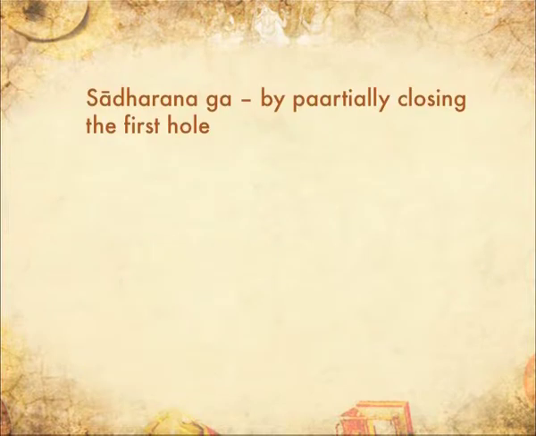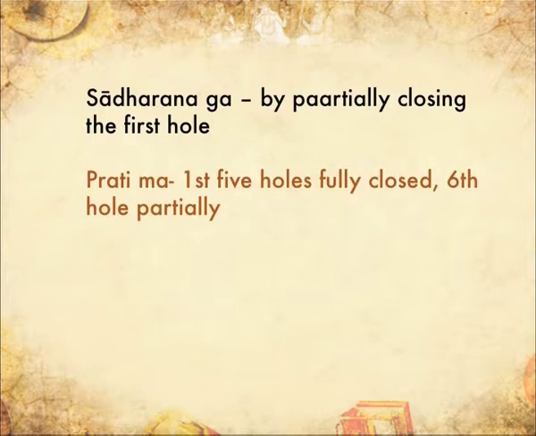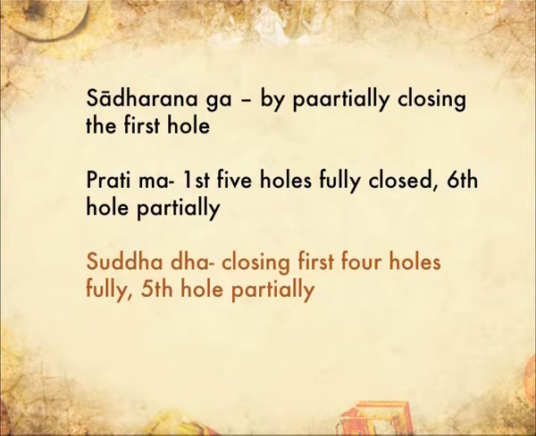Sadharana Gandharam is played by partially closing the first hole. Pratimadhyamam is played by closing the first 5 holes fully and the 6th hole partially. Shuddha Daivatam is sounded by closing the first 4 holes fully and the 5th hole partially.